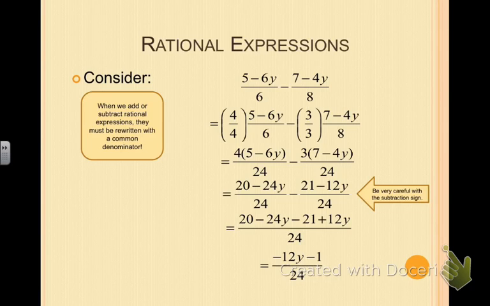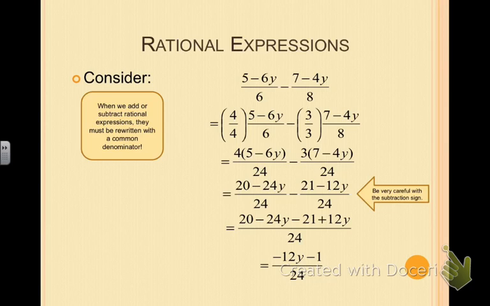Consider the binomial 5 minus 6y over 6 minus the binomial 7 minus 4y over 8. The denominators 6 and 8 have a least common multiple of 24. 6 times 4 is 24, so the first fraction needs to be multiplied by 4 over 4. 8 times 3 is 24, so the second fraction needs to be multiplied by 3 over 3.